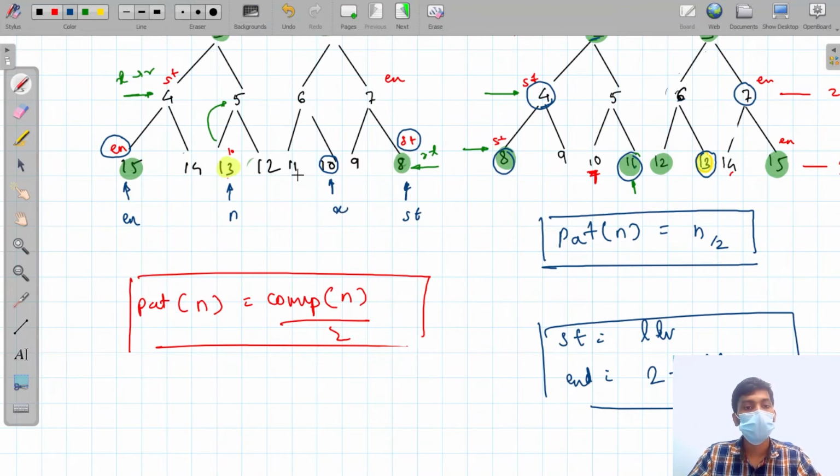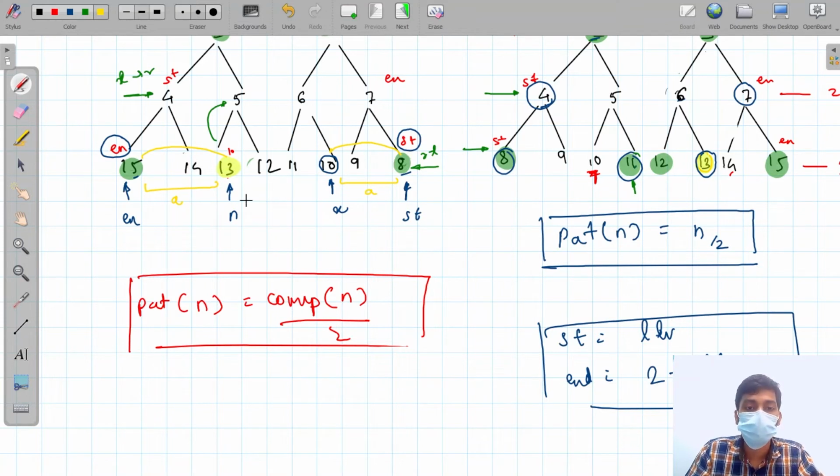Now if I don't know where this value x is actually lying, then if we observe carefully, this 15 has its complement at 8, and 14 has its complement at 9. So if we take 2 pointers, these two are at equal distance. What I am saying is that if from this 15 the given n is at, let's say, a position, then from the starting point the complement should also be at a position, right?